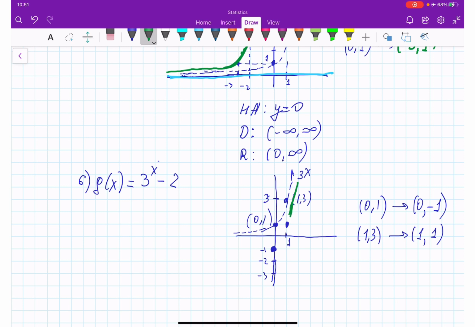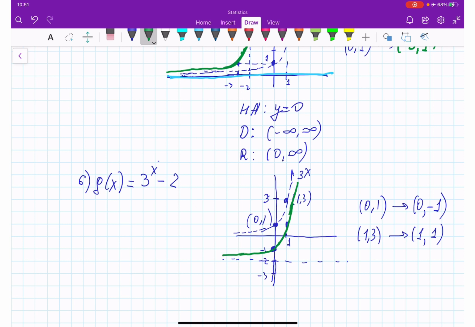It's going to go absolutely parallel. And let me see. Our asymptote is going to be -2. So this is going to cross here. And it's going to come like that.